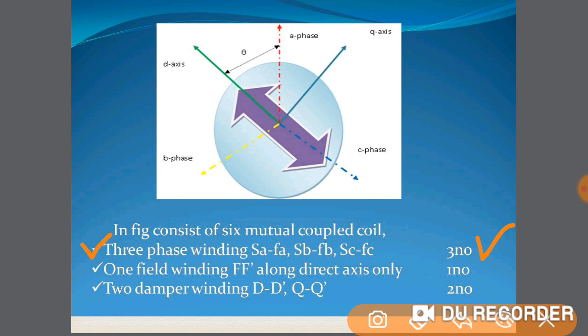Second, we will be seeing one field winding, that is FF dash along the direct axis only. So that is only one in number. And we will have two damper windings of direct axis and quadrature axis, which will be denoted by DD dash and QQ dash for direct axis and quadrature axis respectively, thus two in number.